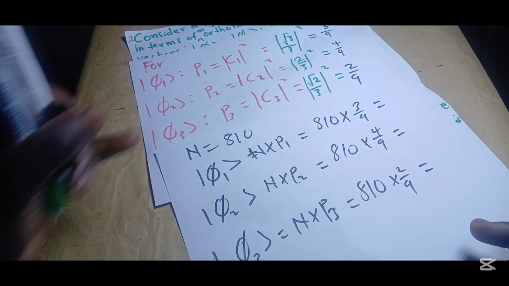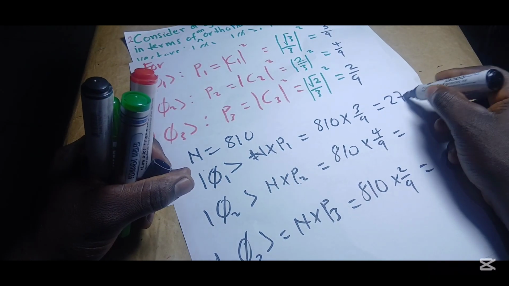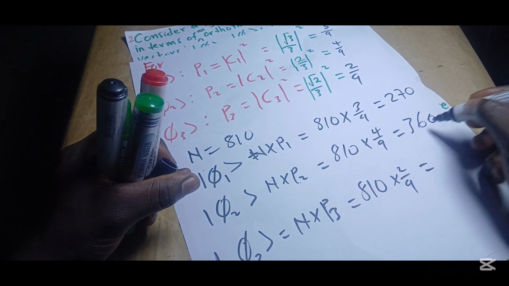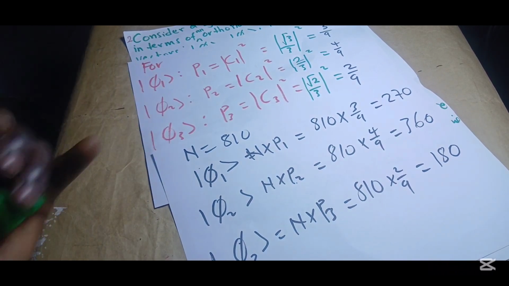What do we get? This will give us 270. And this will give us 360. The last one will give us 180.